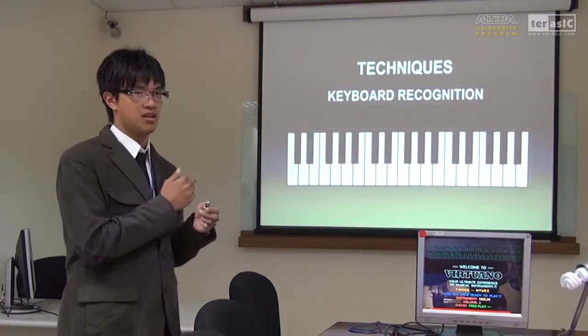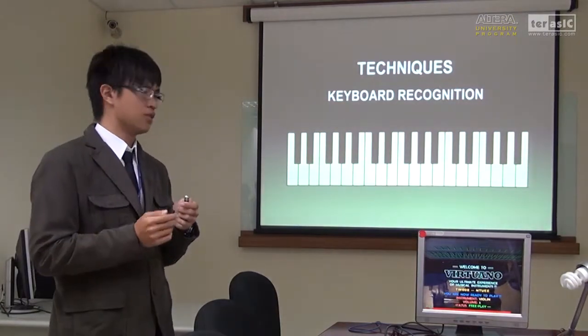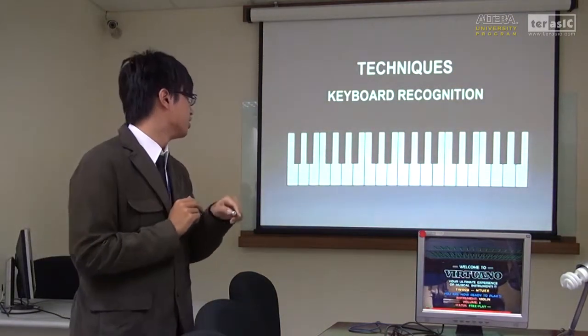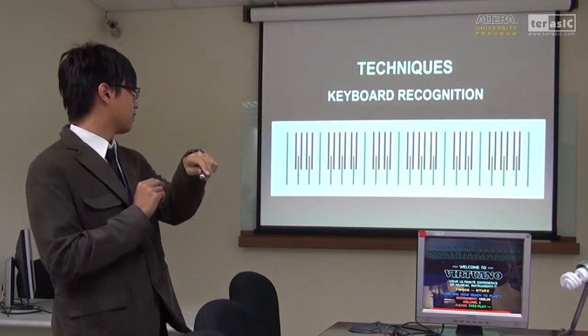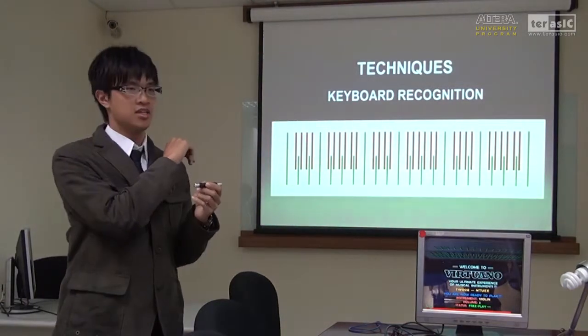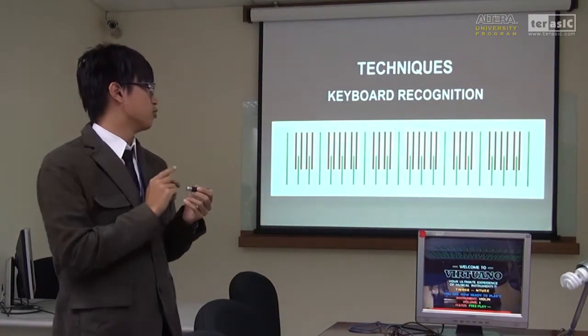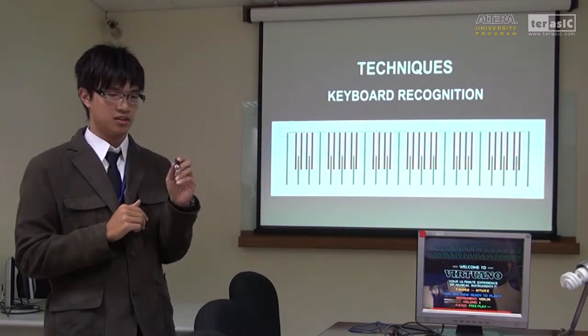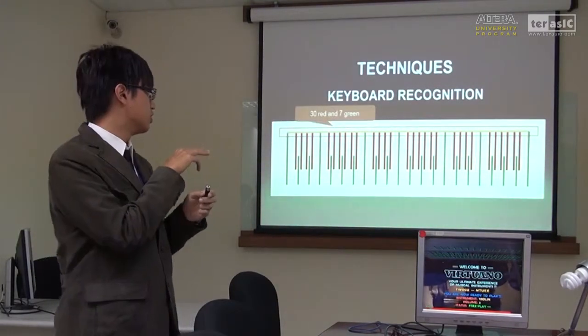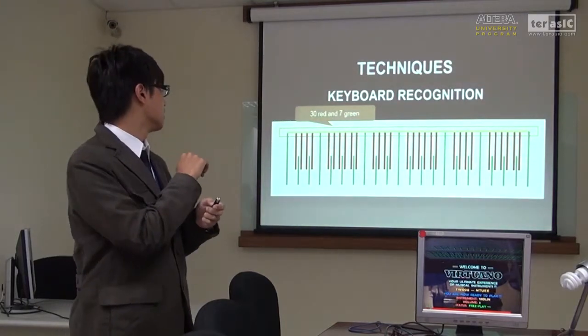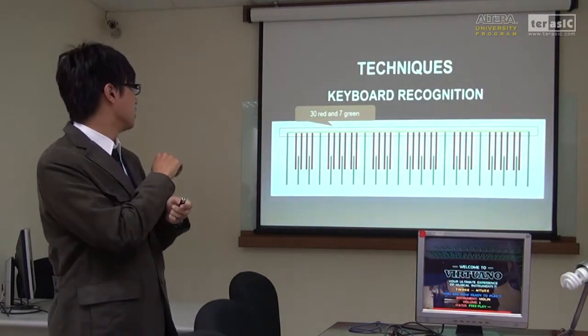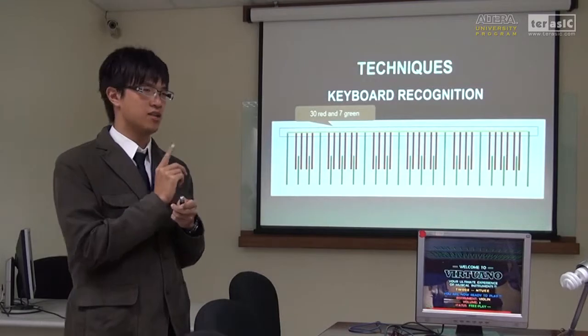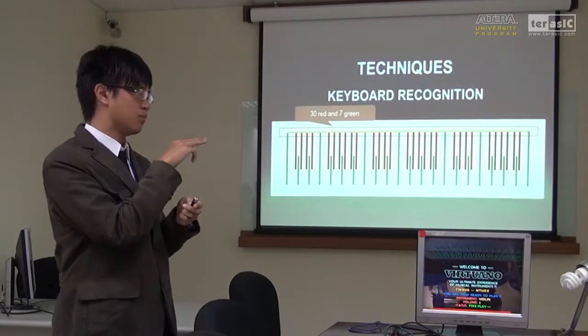Here is the original keyword, and we use a special keyboard with red and green lines to form the keyword edges, shown here. The red line is the edge of the black and white keyboard, and the green line is the edge of the white and white keyboards. As the VGA scans horizontally from top to bottom, it takes the first line that crosses 30 red lines and 7 green lines as the top boundary.